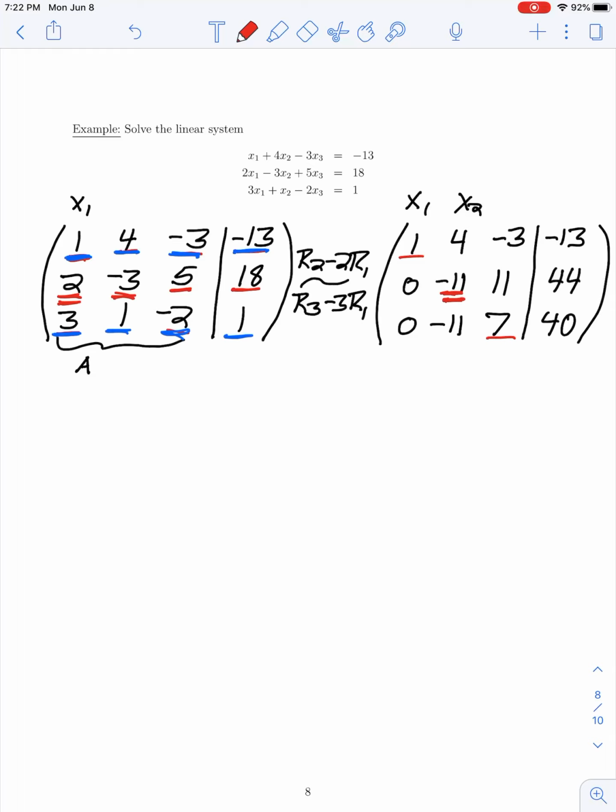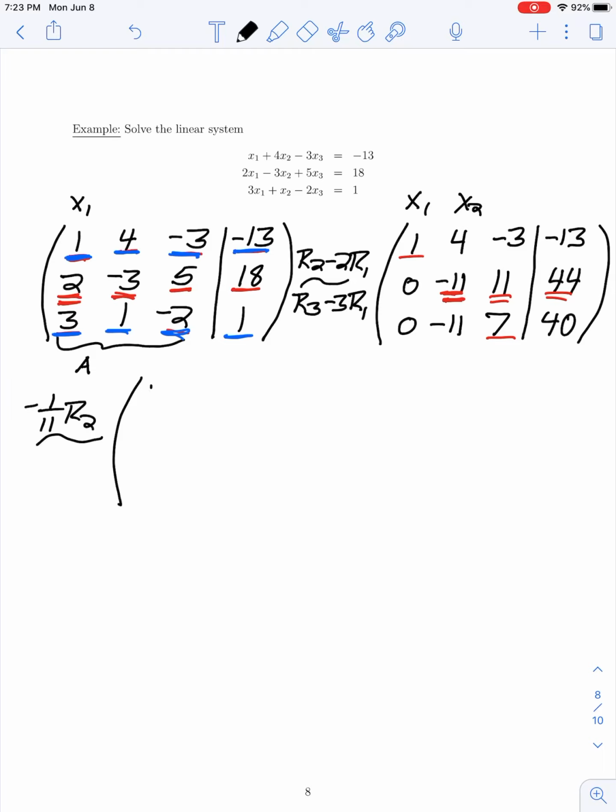One way would be to divide my second row through by -11. Notice that each of these elements in my second row is a multiple of 11. So I can divide through by 11 in order to simplify, and I'm not introducing any messy fractions here. So in my next step, I'm going to take -1/11 of my second row.